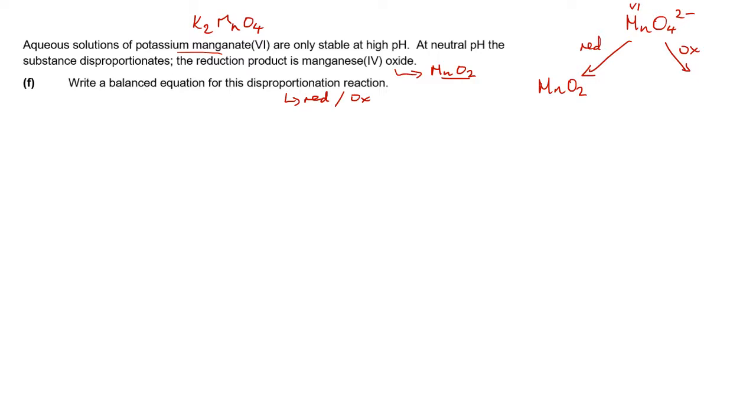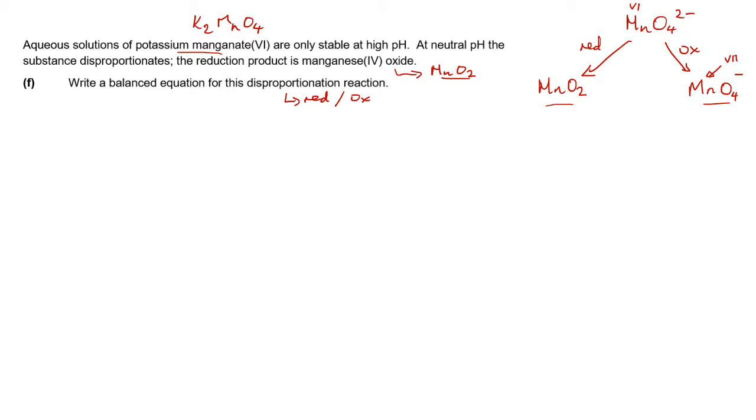Well, there's only manganese(VII), and we've come across it before. Manganate(VII) is MnO4 1-, where the oxidation state of manganese is 7. So that's the product of the oxidation reaction, and MnO2 is the product of the reduction reaction.